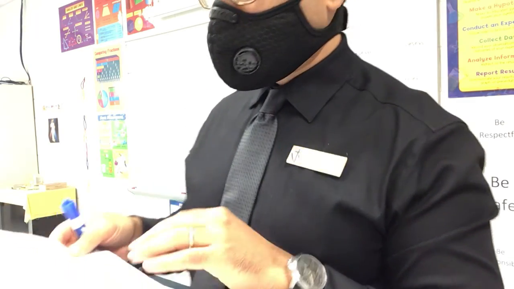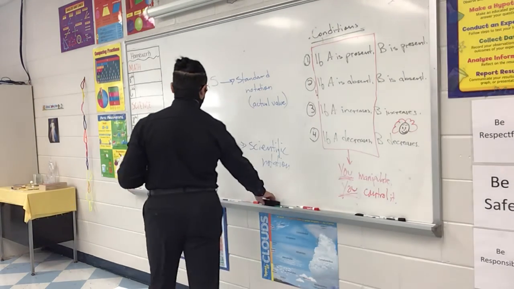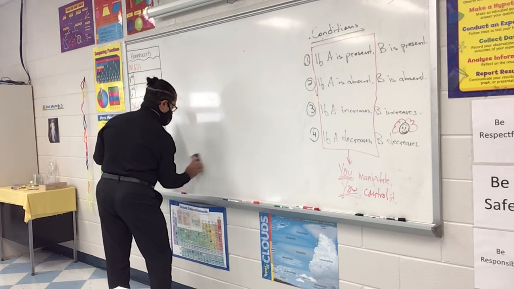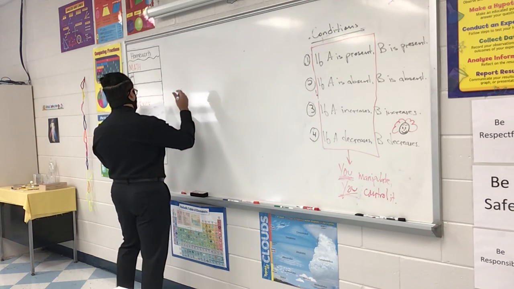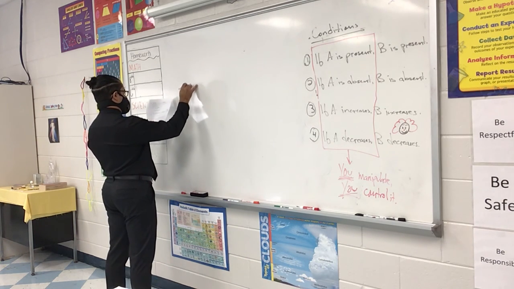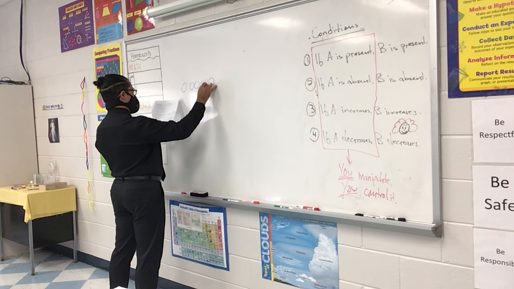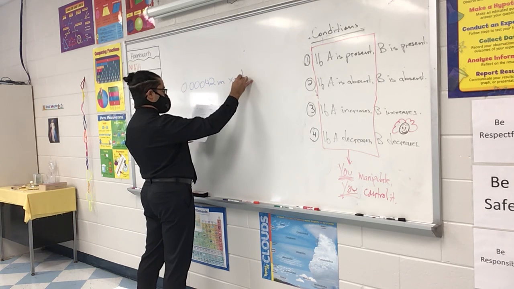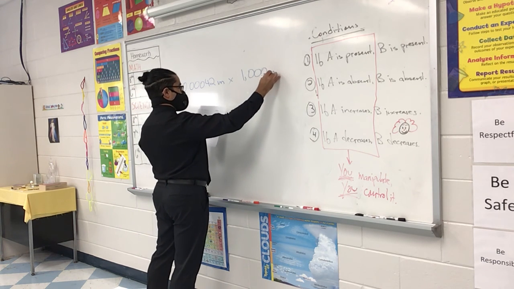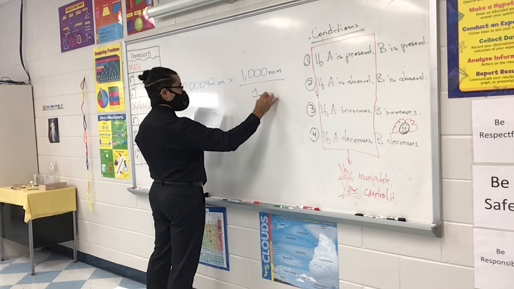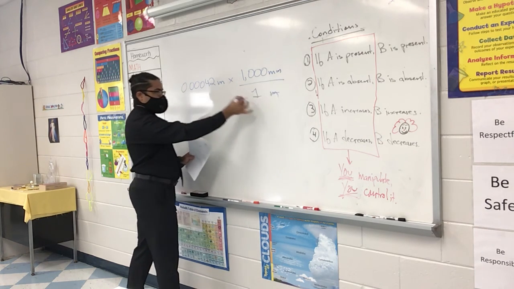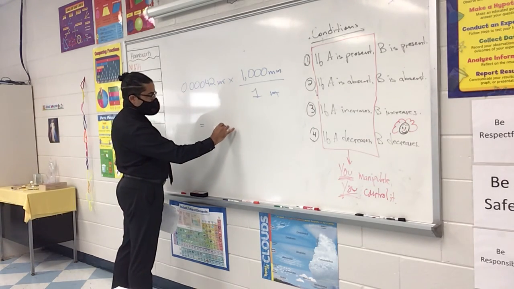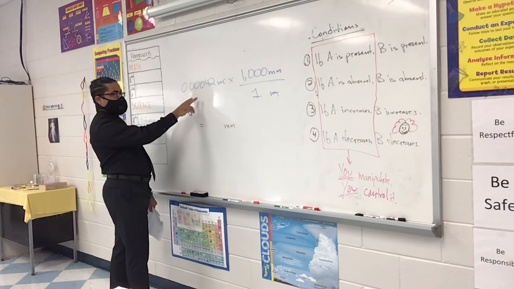Why? Good question. Because if I take 0.00042 meters and multiply by the proportion of millimeters to meters and cross cancel the meters, my answer has to be in millimeters. And what happens when I multiply?